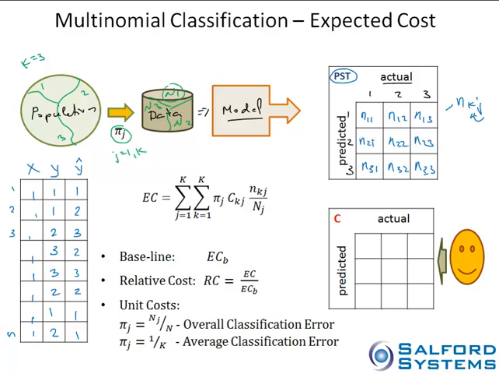Now the question is, how do we compress this performance down to a single number so that we can compare performance of two different models? This is where the analyst comes in. So this is you here. And the way it is done is you can introduce a table of the same dimensionality, K by K, where each cell corresponds to a possible event that may happen, and it's assigned a specific cost.